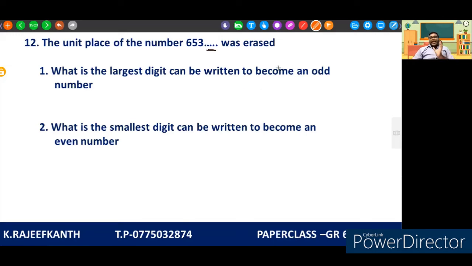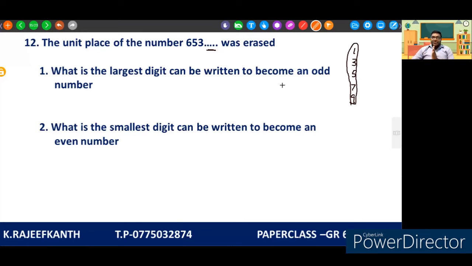So how can we identify the odd numbers? If the last digit of a number is 1, 3, 5, 7 or 9, then that number is an odd number.